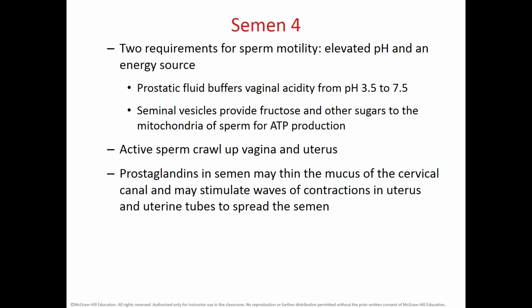Prostatic fluid will buffer the vaginal acidity, which is between 3.5 to 7.5, and the seminal vesicles will provide the fructose so that you have production of ATP in the mitochondria of the sperm. And then the sperm will be ready to crawl up the vagina, the uterus, the uterine tubes, and reach the oocyte.